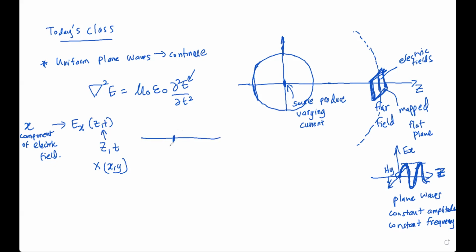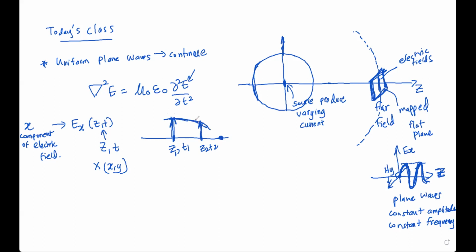What is the z value? It could be a certain value, and at what time it is generated. So at z1, t1, the electric field could have a certain magnitude.